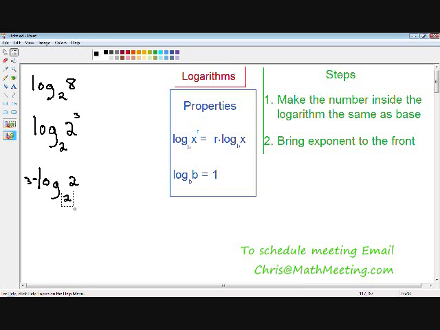Now notice how our base is exactly the same as the number inside the logarithm. If you look at our second property, if the base is exactly the same as the number inside the logarithm, that just equals 1. So I'm just going to bring down the 3.